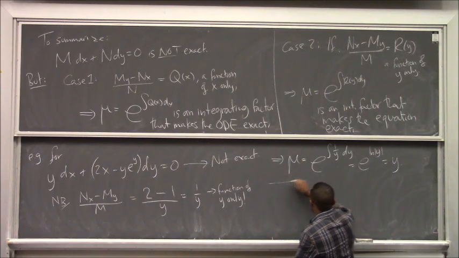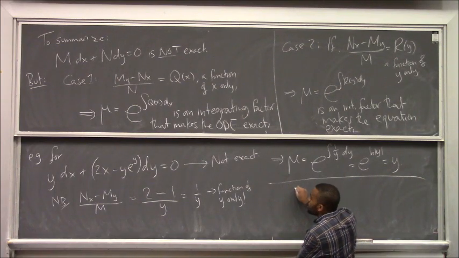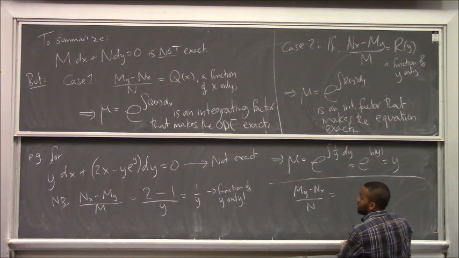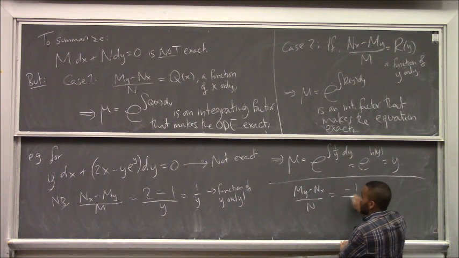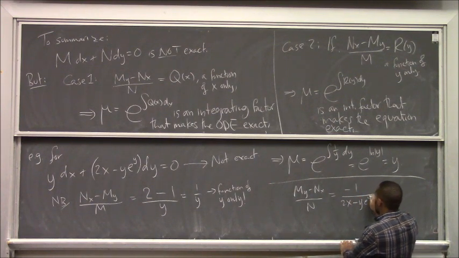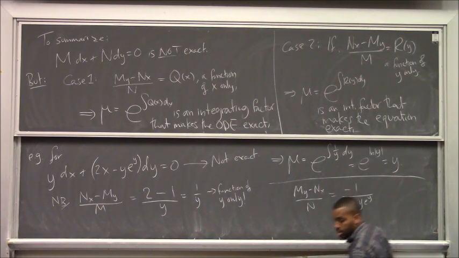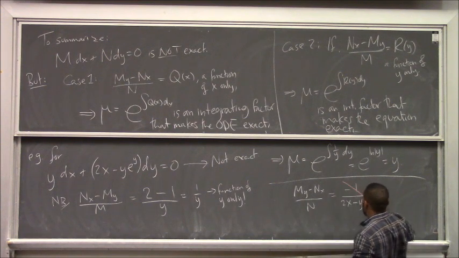Well, if we tried case 1, and we looked at M_y minus N_x over N, what you would have is negative 1 over 2x minus y. So it's not purely a function of one or the other. So that check didn't actually work, but then doing the other one actually works out.